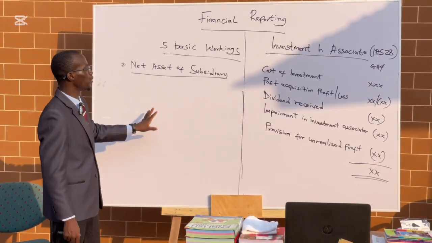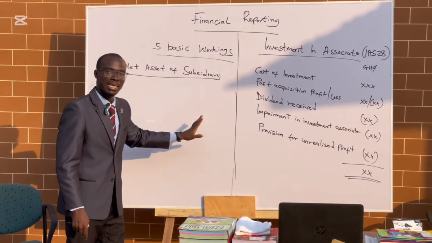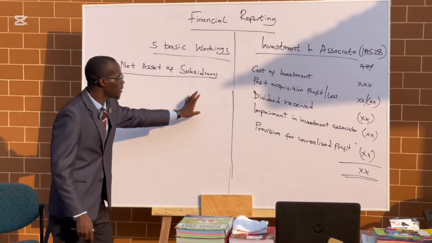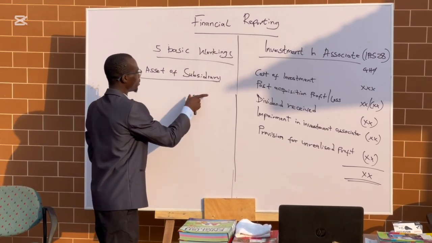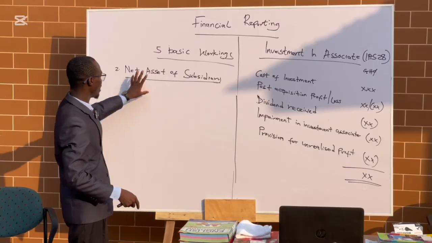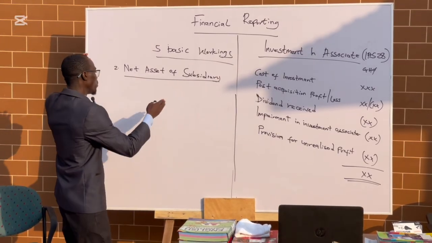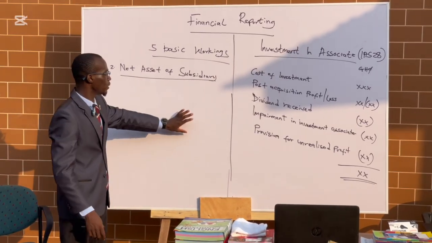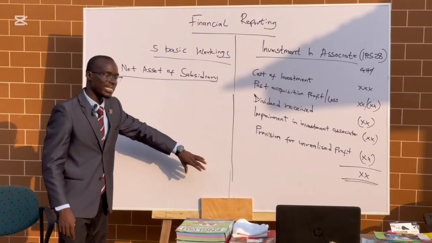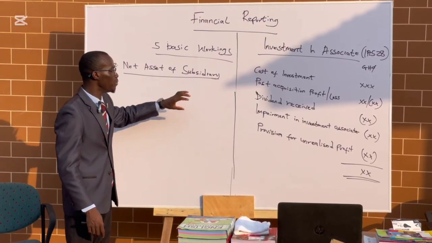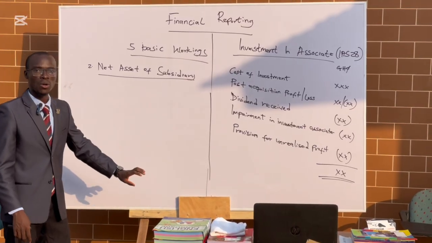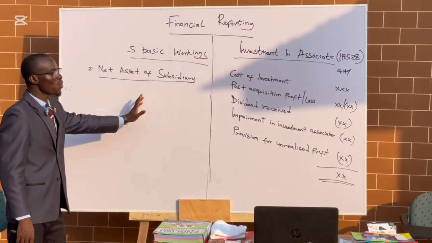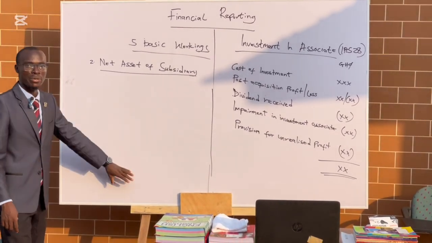So the moment you know that Benjamin Limited is the subsidiary, you should make sure you are basing on the figures that are below Benjamin. Never turn to anything on the parent side.